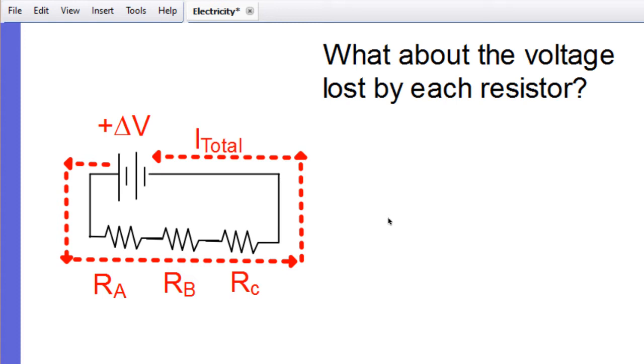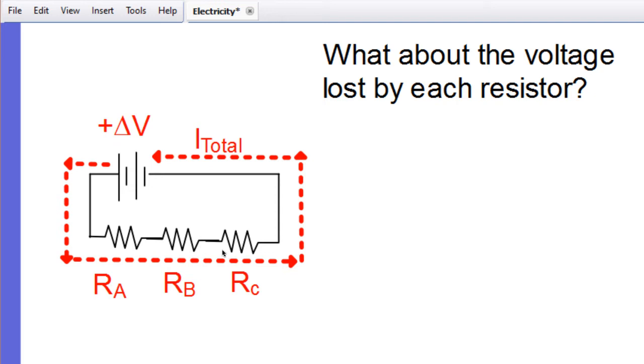Next, what about the voltage? If you recall, the loop rule states that all the voltage that you gain must be lost. And this is true for any path that you can draw. Let's look at our path. I gain voltage here at the battery. I go through RA, RB, and RC. This is like walking out the door and being handed $100. Parents say, don't come back until you spend it all. How much money do I spend at RA, RB, and RC?